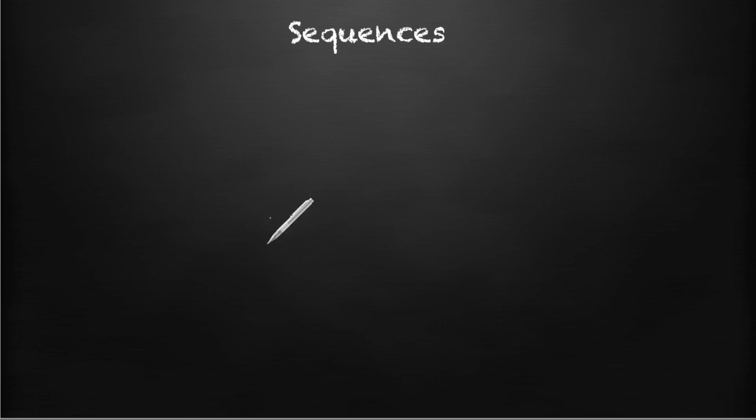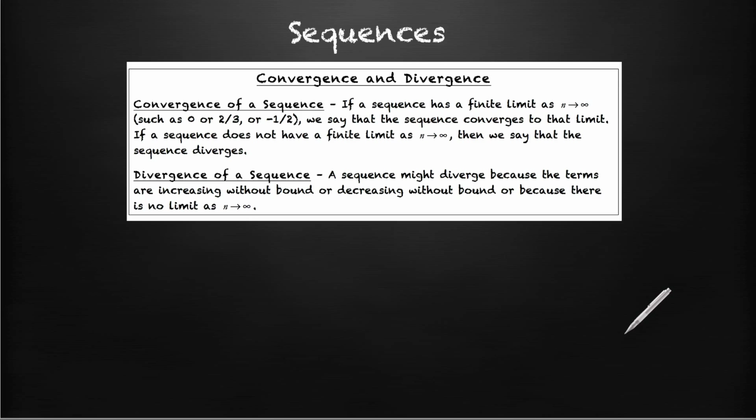So now we're going to talk about how to determine whether a sequence either converges or diverges. And so let's talk about what those words mean. They're pretty simple concepts to understand. A sequence will converge if the numbers in the list are approaching a finite value, a finite number.